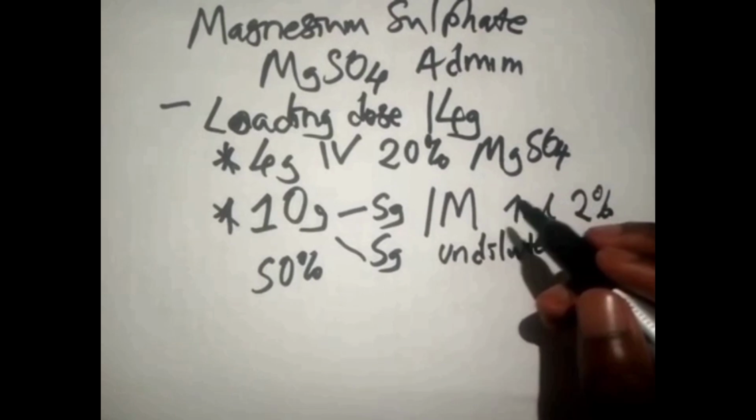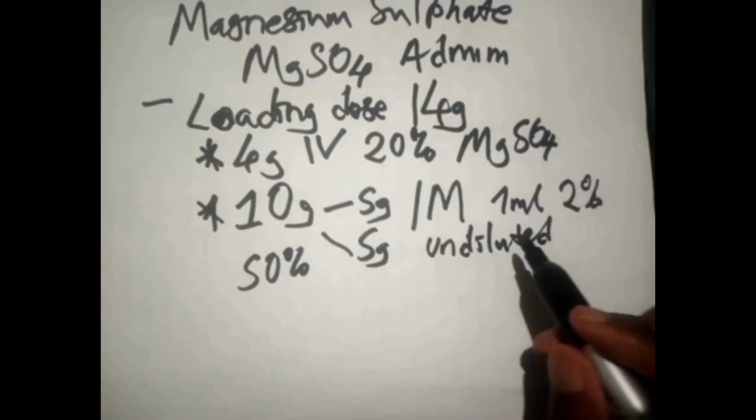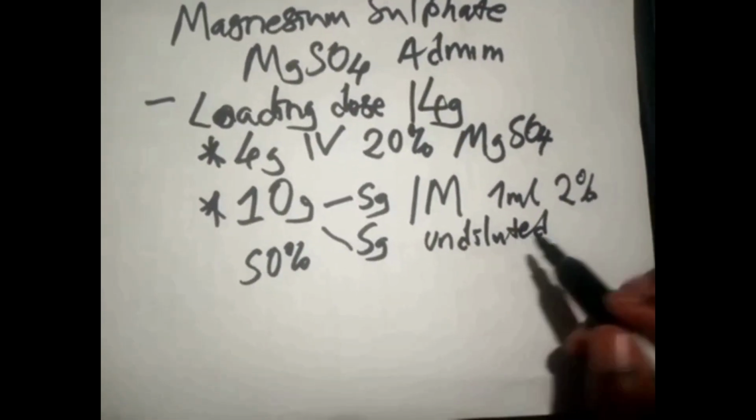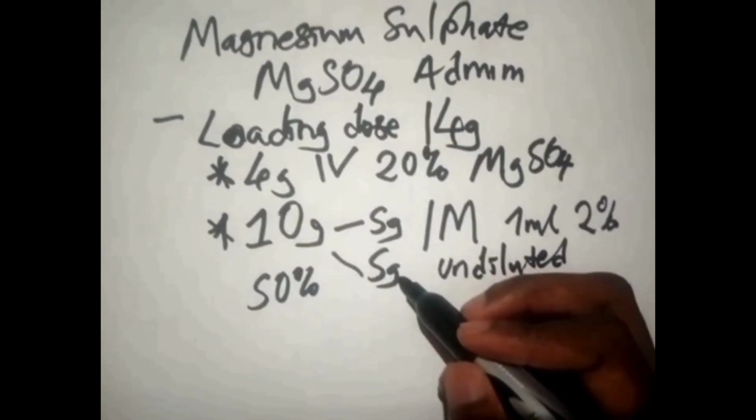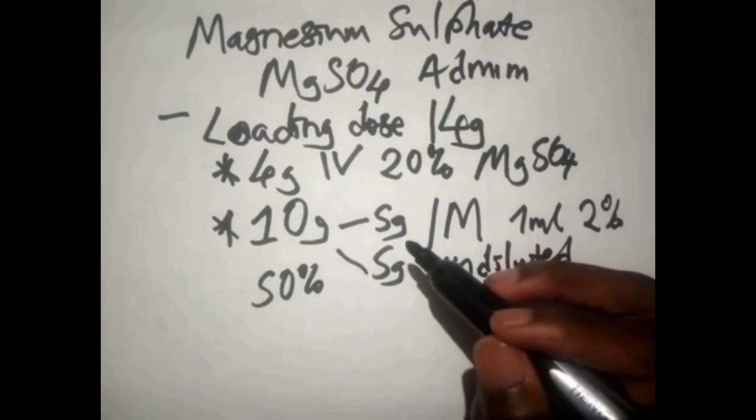So let me go through how to give the undiluted mag sulfate, the 5 gram part. Then after that we are going to go through the one for 4 gram.